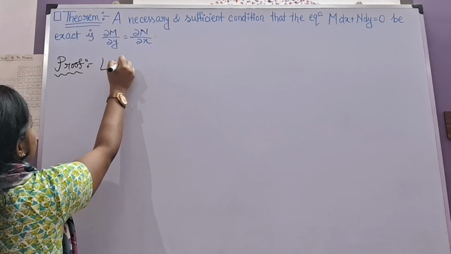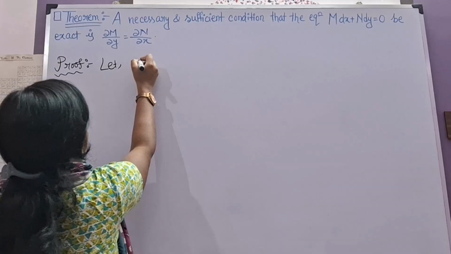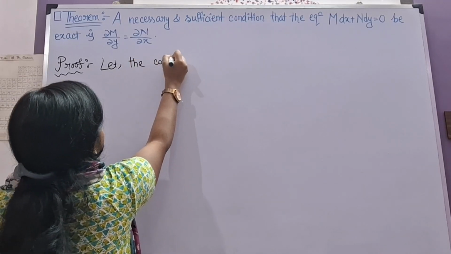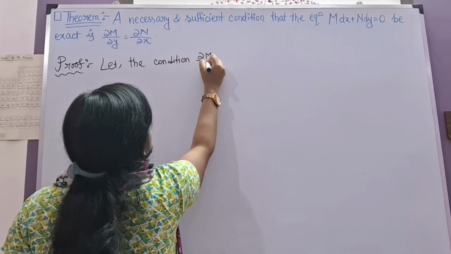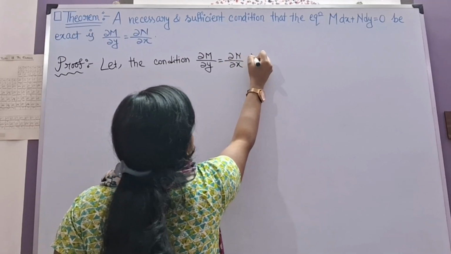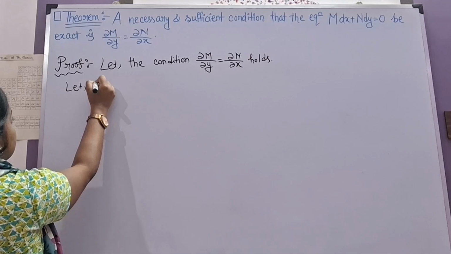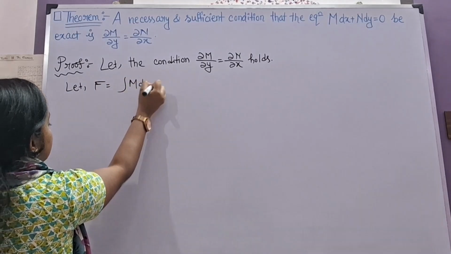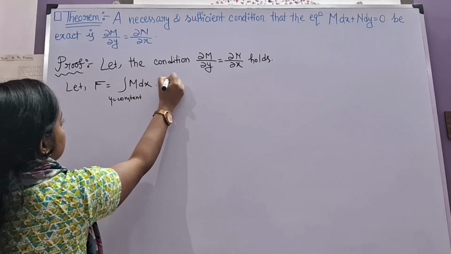Now we are going to prove that the condition is sufficient also. So for that we assume that the condition del M del y equal to del N del x holds. Now let capital F equal to integration M dx when y equal to constant.